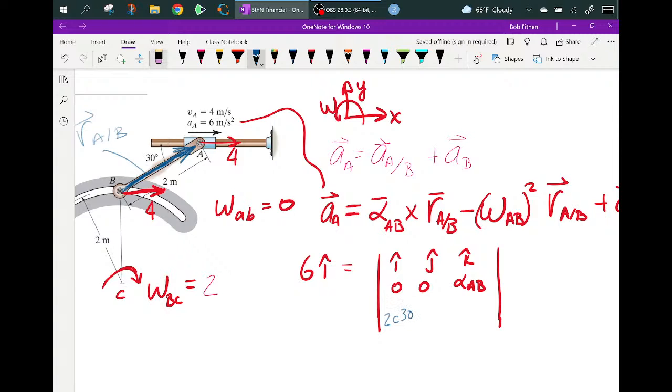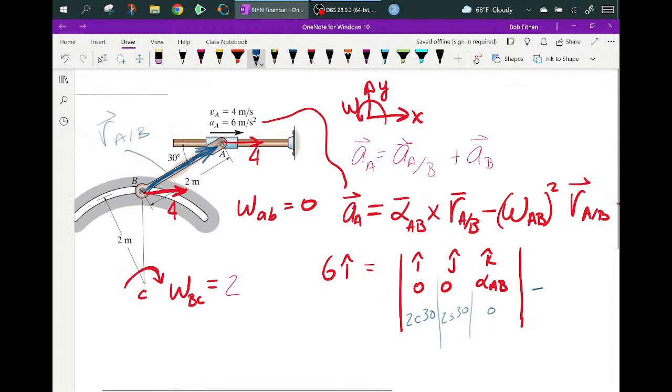So what I'm doing here, okay, looks like I'm stuck on this color. 2 sine of 30, and then 0.